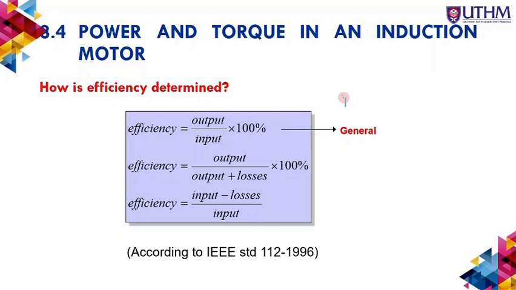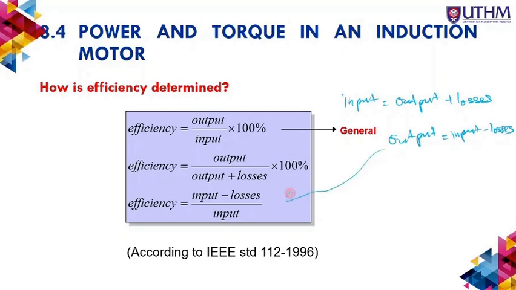So bila kita dah tengok tadi, input equal to output plus losses kan. So output kalau kita terbalikkan, dia jadi input minus losses lah. Okay, so therefore dia tukar lah, output ni dia tukar kepada input minus losses. Okay, so therefore dia akan jadi begini lah. Okay, so the basic is output divide by input.